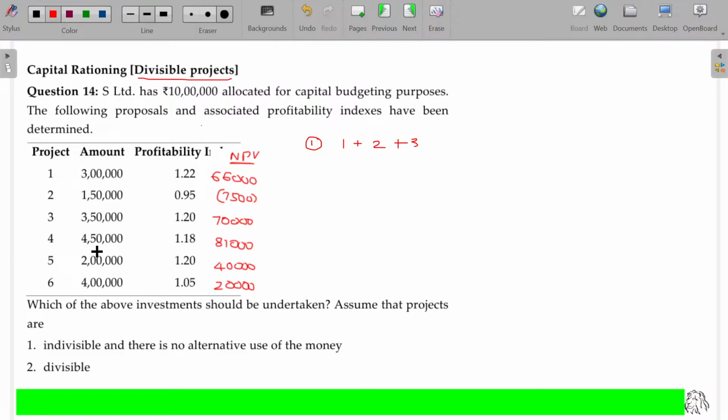I cannot choose 4 because it requires more funds, but I can choose 5. So the first combination is 1, 2, 3, 5. From the top order, you go on adding one after another. So 3 lakhs, 1.5 lakhs, 4.5 lakhs plus 3.5 lakhs, 8 lakhs. The 4th I cannot choose because it requires 4.5 lakhs. I have only 2 lakhs because I am going to consider these as indivisible projects.